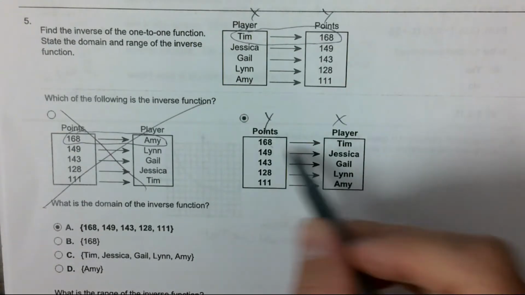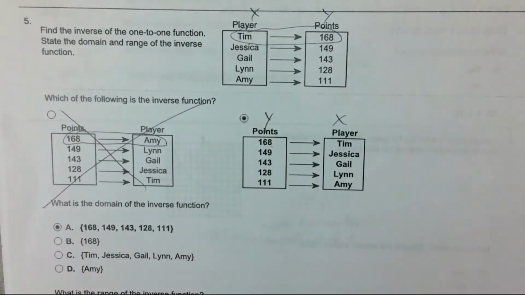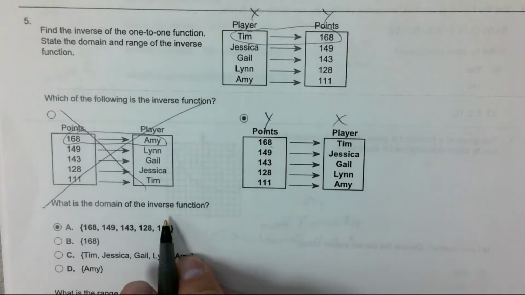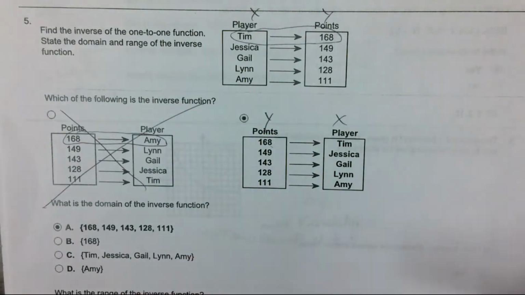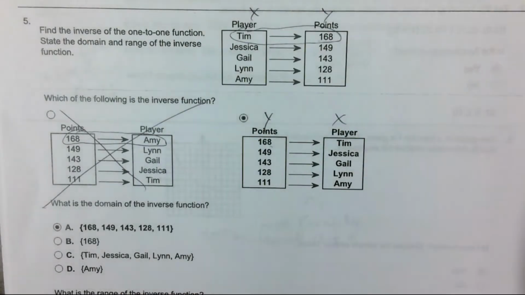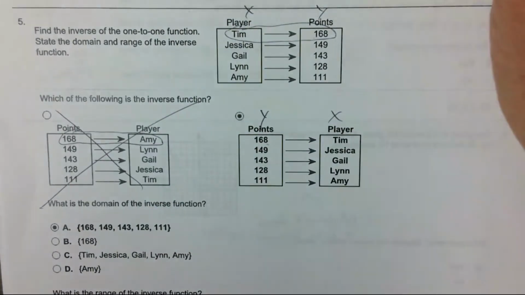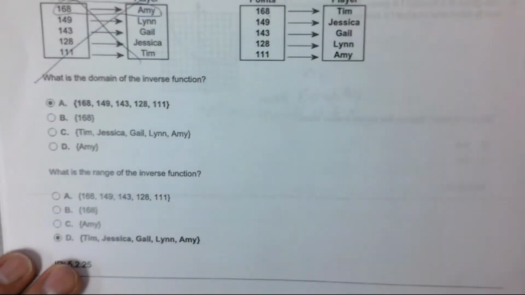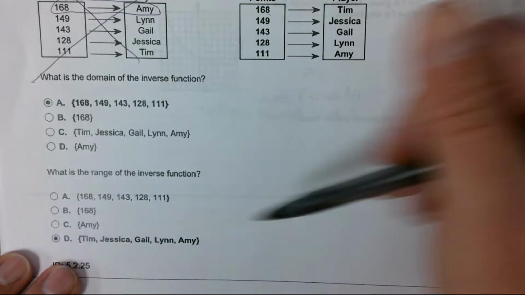It has to be like that. So then the domain of the inverse would be the list of numbers. Apparently this is multiple choice, so it's easy. And then the range would be the list of names.